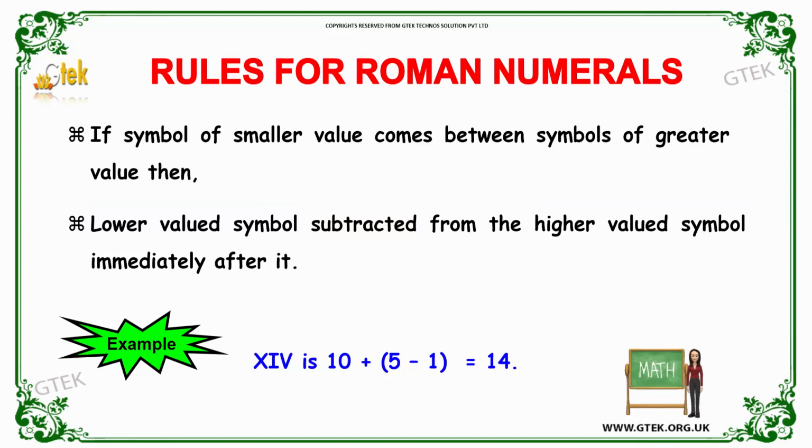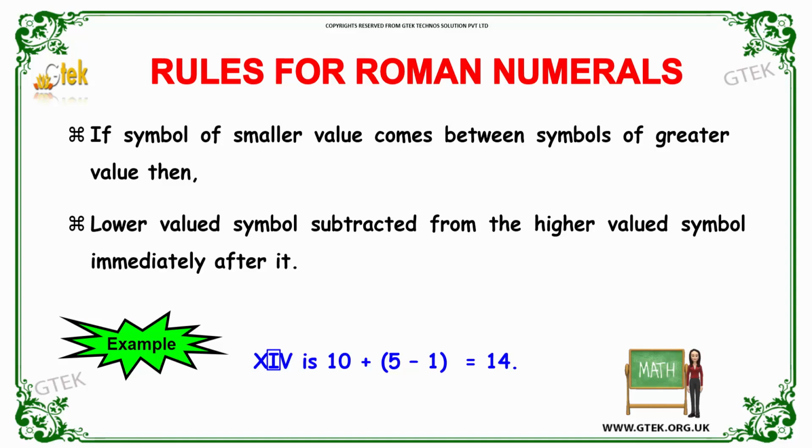So if you see, you have a lower valued symbol immediately before a higher valued symbol and it is placed in between another higher valued symbol. So in this case, the lower valued symbol is subtracted from the higher valued symbol.